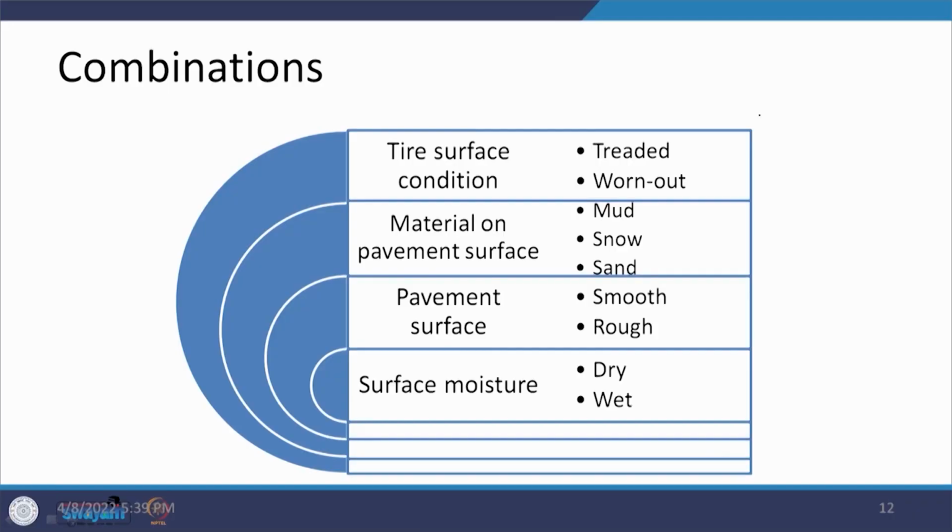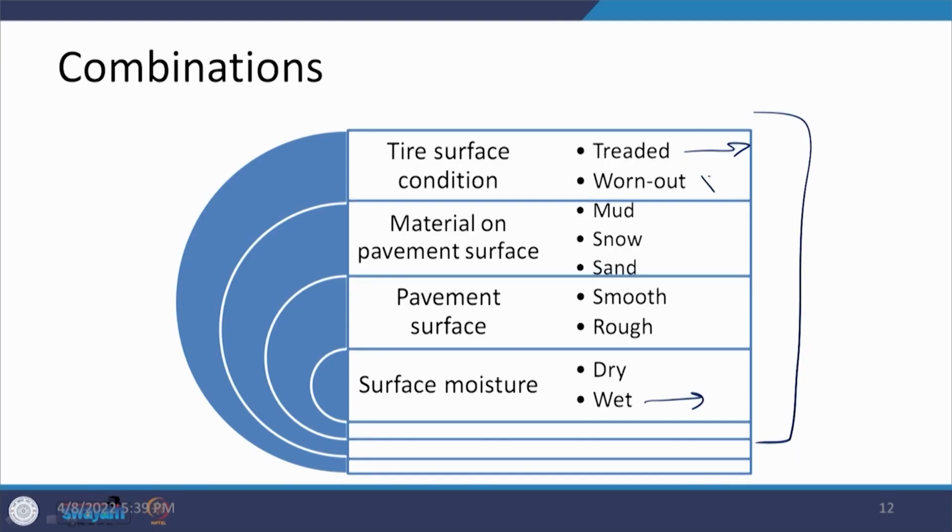So, what we can say is that there is always going to be a combination of all of these things. For example, we can say there is a tire which is treaded, but the surface is wet. If the surface is wet, then the water is getting into those treads, and therefore there is going to be a grip and the friction is not going to be that much less.